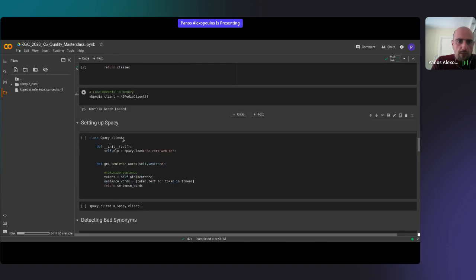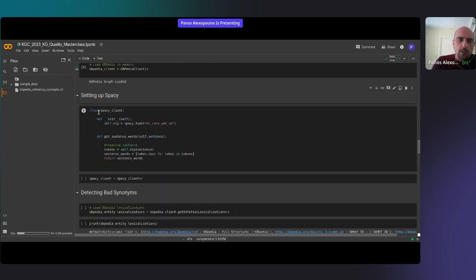Now, let's also make a very basic spaCy setup. What did I do here? I created the spaCy client, initialized the English model, and created a very basic function that takes one sentence and tokenizes it. It just returns the tokens. We will see why we need that. We need this for a particular heuristic that I'm going to use to detect problematic synonyms.